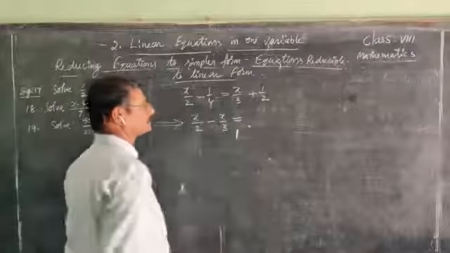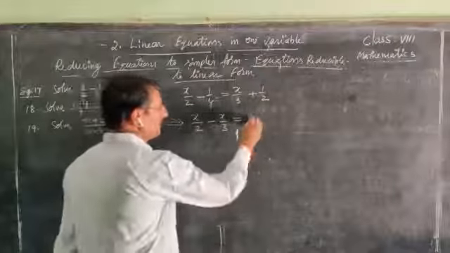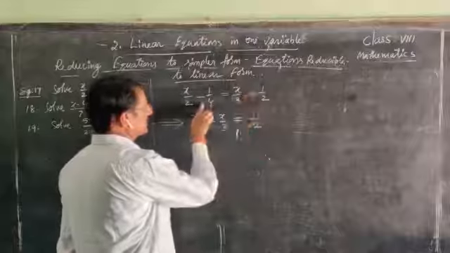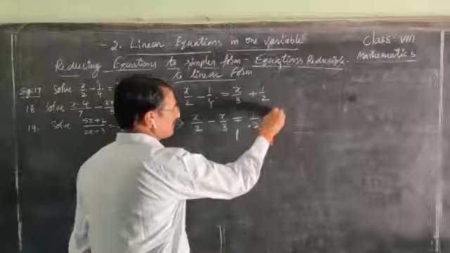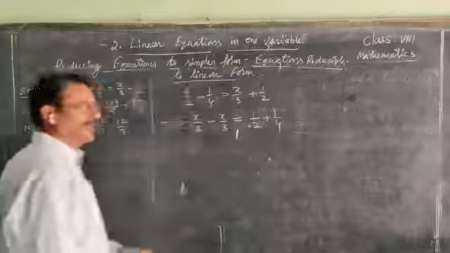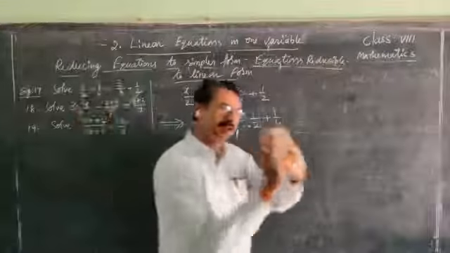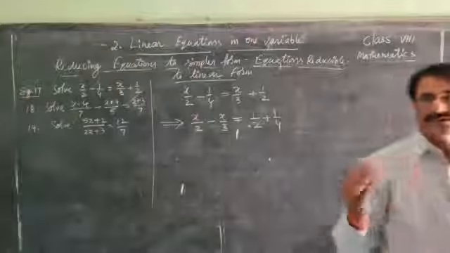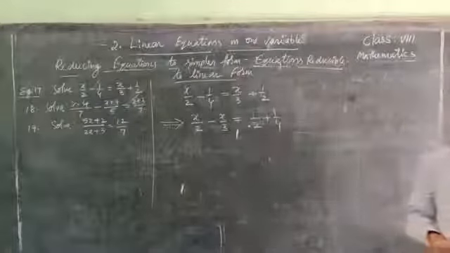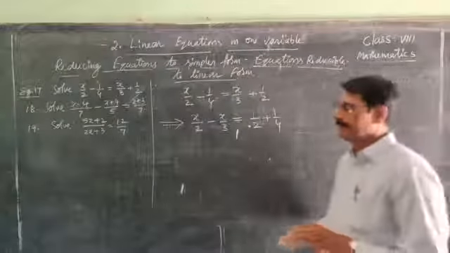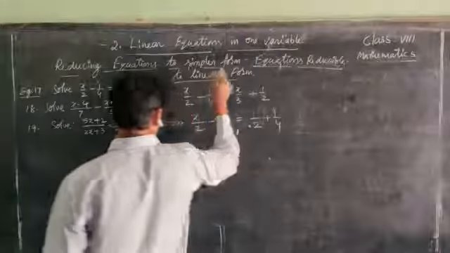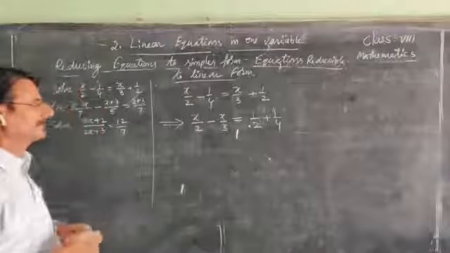So minus x by 2 equals; send the 1 by 4 term, it becomes plus 1 by 4. We send the numerator and denominator together; we just change the sign only. Don't write numerator to denominator or denominator to numerator.